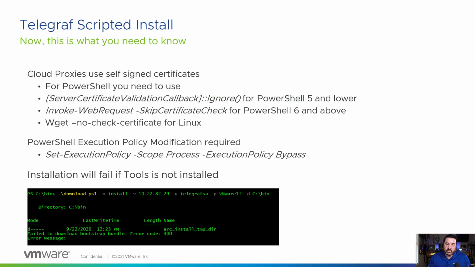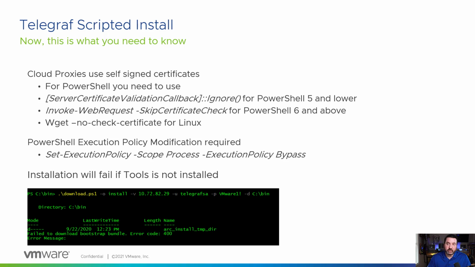Now, a couple things to call out too. For Windows, for example, the cloud proxies are using self-signed certificates. So for PowerShell, for example, right, we need to be able to basically skip the certificate check. So this just highlights what you do if you're running PowerShell 5 or PowerShell 6.